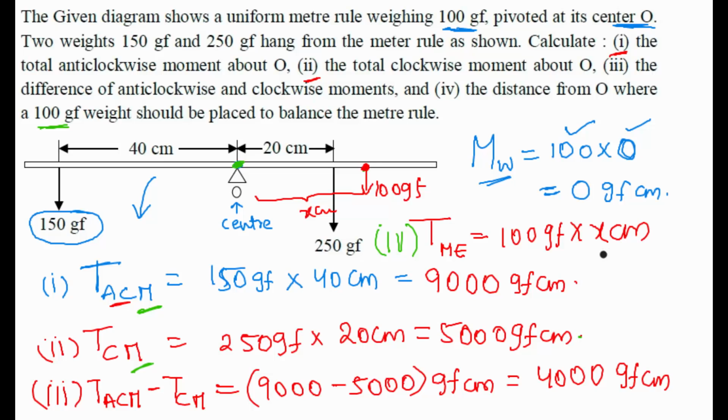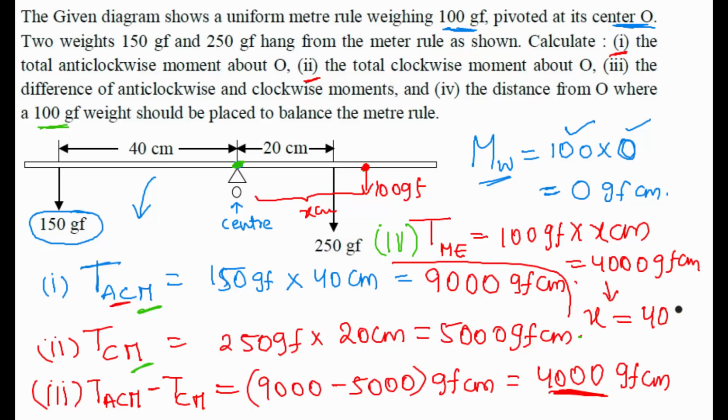This value should be equal to the difference of TACM minus TCM, which is nothing but 4000, right? So this should be equal to 4000 GF centimeter, which will give you x is equal to 40 centimeter. So this 100 GF weight should be placed at a distance of 40 centimeters from the center to balance the meter rule.